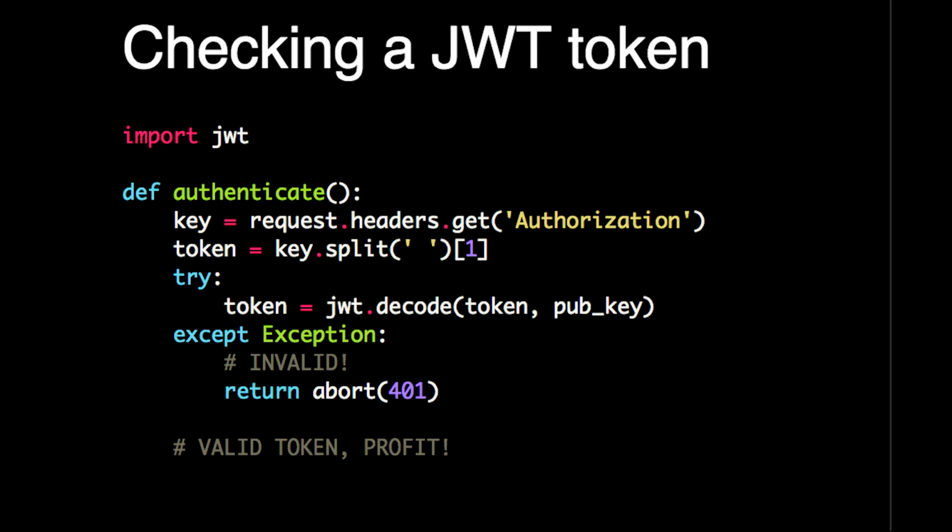It's going to extract the payload, and from there you can go ahead and do whatever you want with the user, because you know who this user, or a service, for example, is. You know if the service is allowed to do some reads or writes in your application, etc. And if it's not valid, you just abort the call.